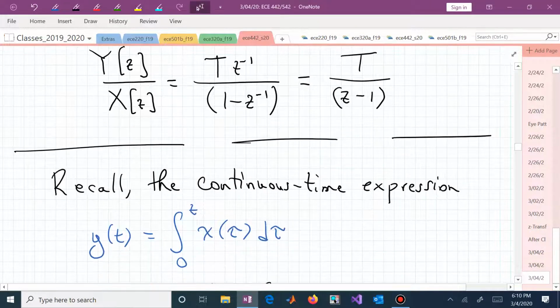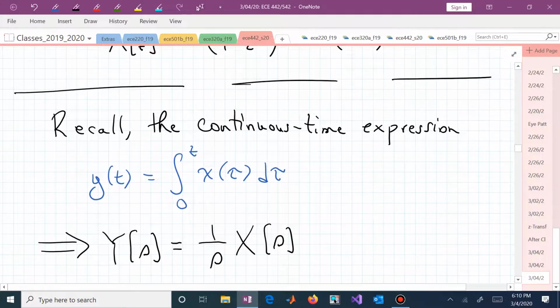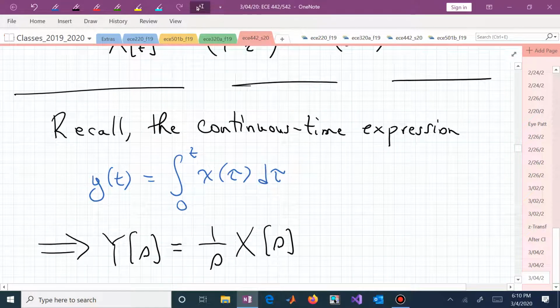Let's compare that with what we know happens in continuous time. This is our continuous time expression. If we Laplace transform that, we get this, right? 1 over s. Multiplication by 1 over s in the frequency domain is equivalent to integrating in the time domain. Y of s is equal to 1 over s times X of s.